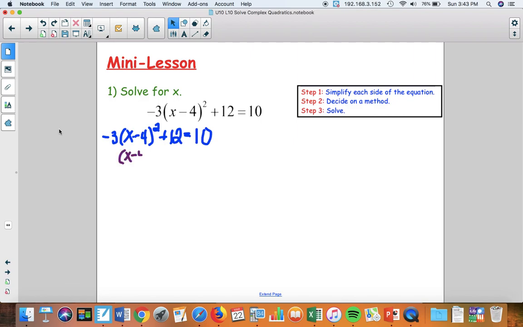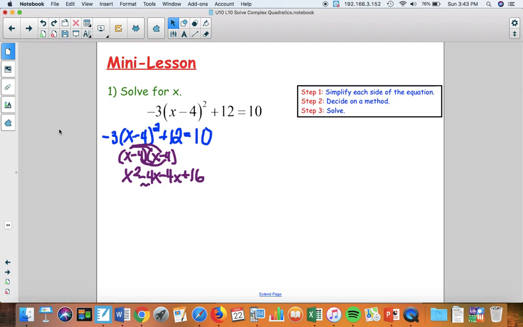So we have to do x minus 4 times x minus 4. When we do this, we have x times x, which is x squared, x times negative 4, negative 4x, then another negative 4x, negative 4 times negative 4 is a positive 16.